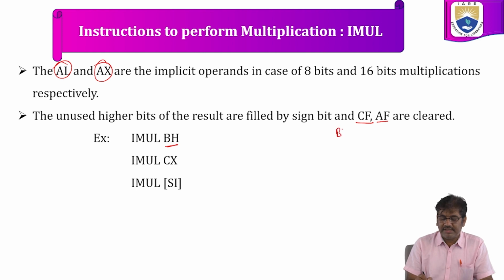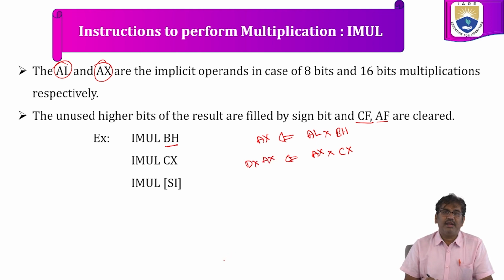Example, IMUL BH. Here the source operand is an 8-bit register. So the BH register contents will be multiplied with AL register contents and the result we can see in the AX register. Next, IMUL CX. Here CX is a 16-bit register. It will be multiplied with AX register contents, and the result we can see in the DX AX register pair. IMUL SI.